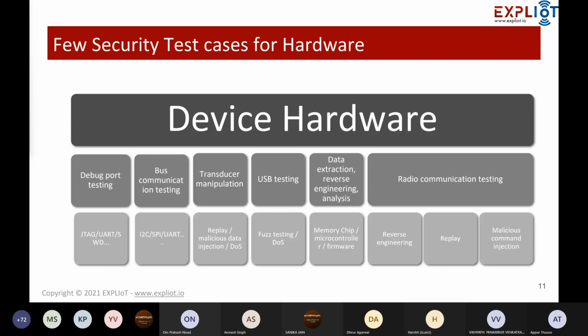You have different serial communication protocols working in and out on the PCB: I2C, SPI, UART, even CAN, LIN. These different bus communication protocols you have to sniff from the hardware, analyze the sniffed packets, try to find data of sorts, or check if the encryption is implemented properly or not.